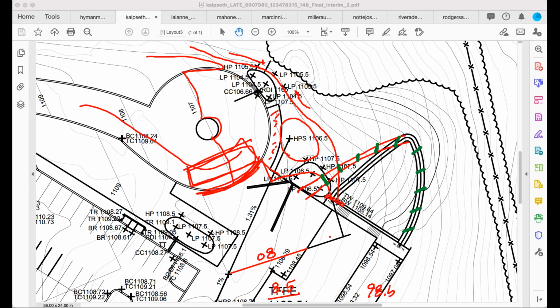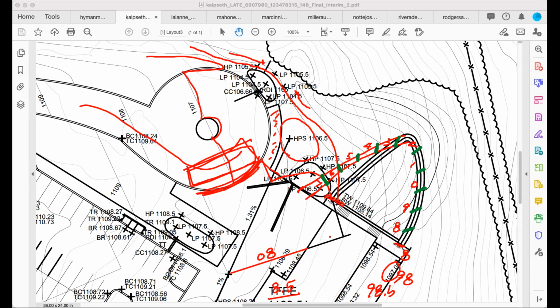We're trying to connect to 98 somewhere here instead of 7. So this is going to be around 8. Now we have 7, 6, 5, 4, 3, 2, 1, 0, 9, 8. So that's pretty good.